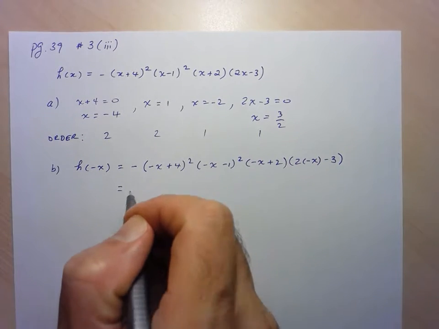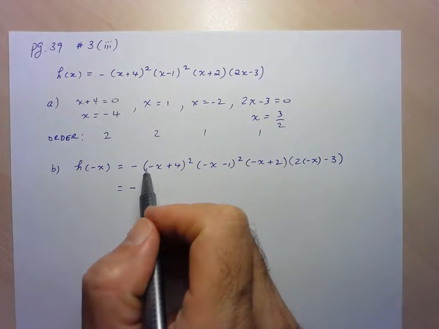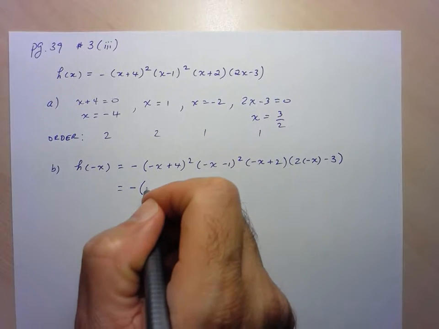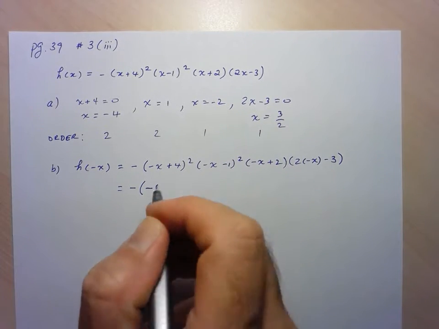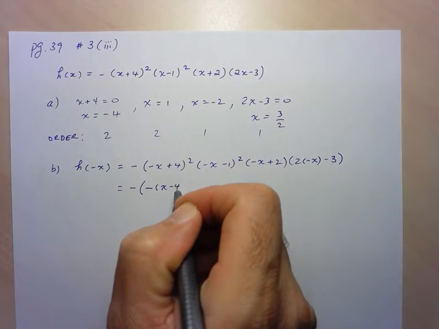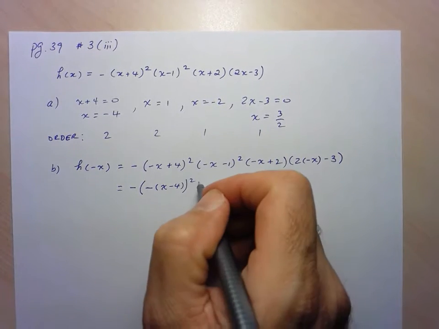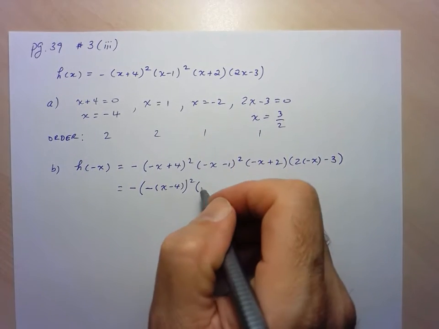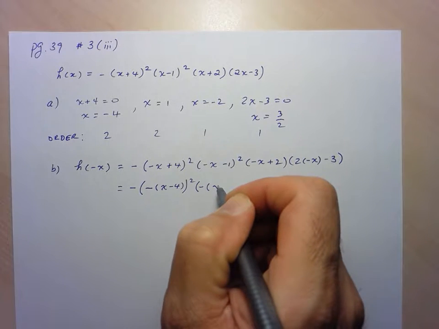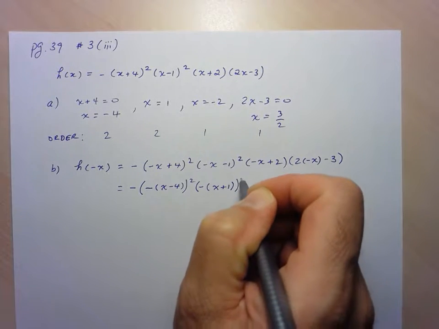The way that I can do that is I can just factor out the negative 1. So here I'm going to factor out a negative 1, and what are we left with? We're left with x minus 4 squared. Here again, factor out a negative 1, so we're left with x plus 1 squared.